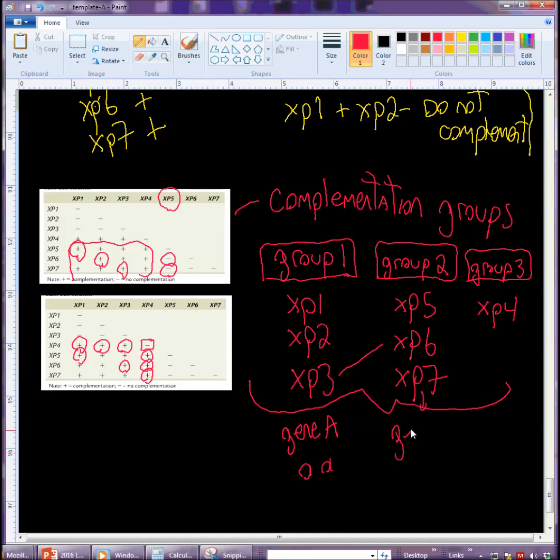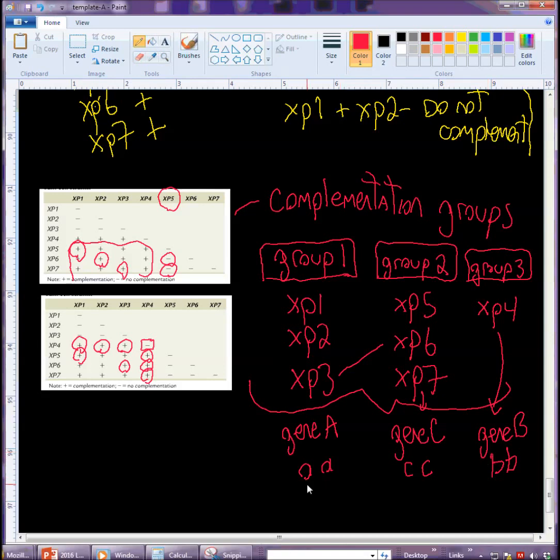Group 2 is another gene, I think we called it gene C. All of these individuals carry mutant versions of gene C, and so that's why their cells can't perform unscheduled DNA synthesis, and it's why they have xeroderma pigmentosum. And group 3 is a different gene, we can call this one gene B. And the XP4 individuals are mutated in a third gene, carrying two mutant alleles for the protein required for nucleotide excision repair and unscheduled DNA synthesis.